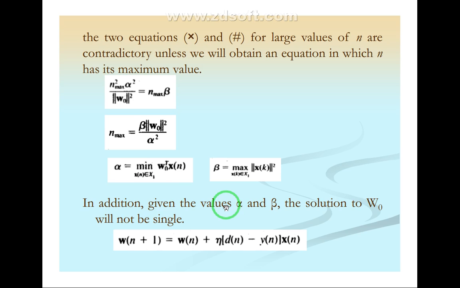So we can conclude that the two equations for large values of n are contradictory unless n has its maximum value. So the maximum value of these with respect to what we have found proves that of course the learning rate must be something between 0 and 1.